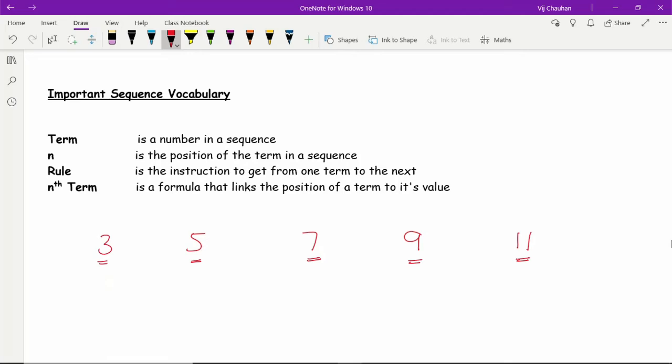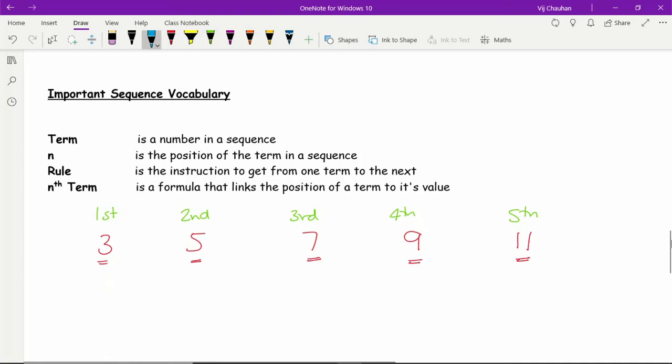Now the letter n is basically the position of the term in a sequence. So in this, 3 is our first number, 5 is my second number in the sequence, 7 is the third number, 9 is the fourth, and 11 is the fifth number in my sequence.